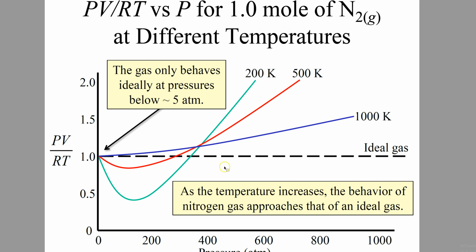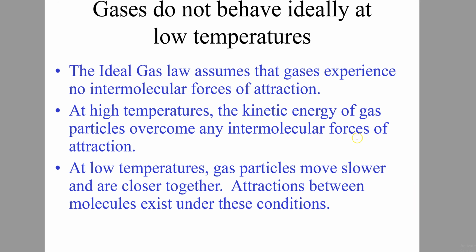So let's assume that your temperature increases, the behavior of that gas approaches that of an ideal. So this is going to be opposite of what we normally get when we're increasing, let's just say, pressure. So if you increase the temperature of the gas, you can kind of see that by about 300, we begin to get approaching that situation where ideal is going to be our reference point.